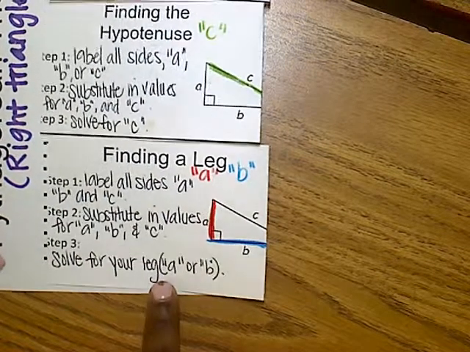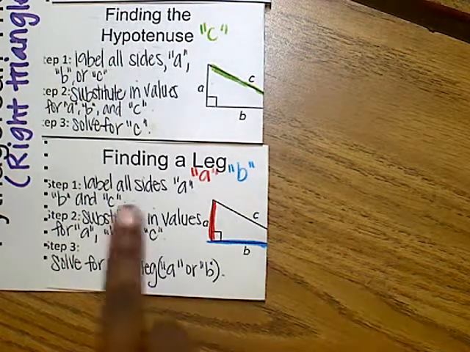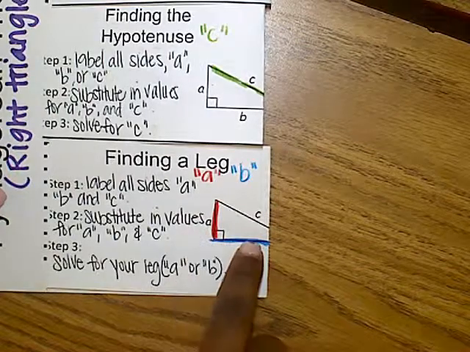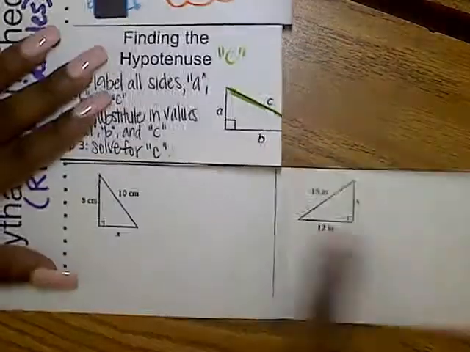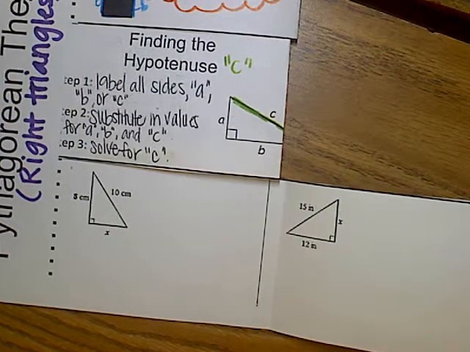So again, make sure you pause the video to make sure you get all of this down, but definitely make sure you are copying this and understanding that this is how we find the legs. So let's open it up. And so in this first one, we're actually looking for B.